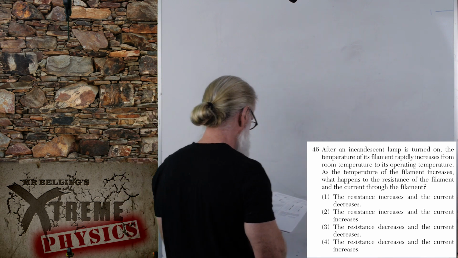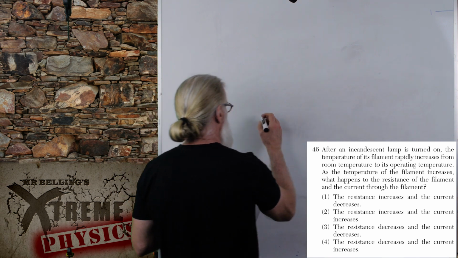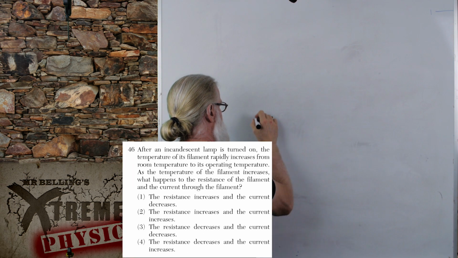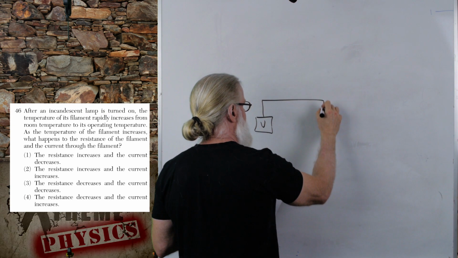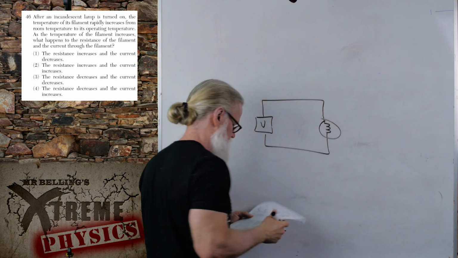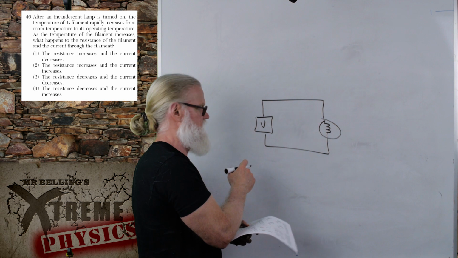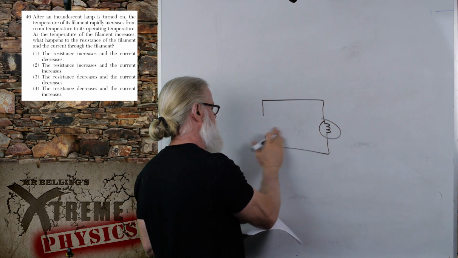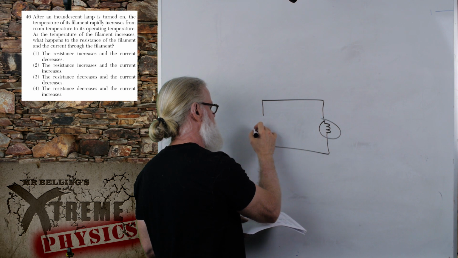All right. So here we go. We have some sort of voltage source, and we have an incandescent lamp. There's our lamp symbol. This is not a voltmeter. This is a source of potential difference, right? Actually, I'll make it a battery, so that way no one's confused.